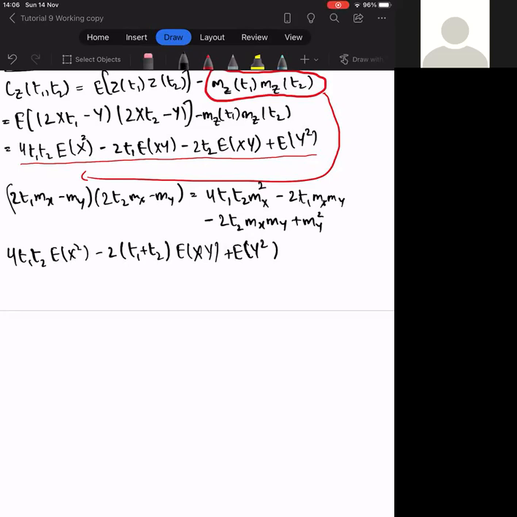And then we subtract the second term. Inside that, we'll also take the common factor. This is just minus 4 t1 t2 mx squared, and the minus becomes plus because the whole thing has a minus sign in front of it.